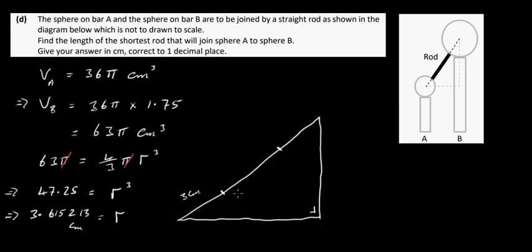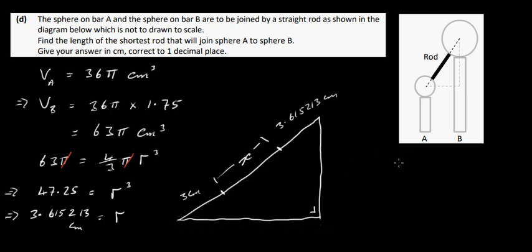We've just worked out that this one here is 3.615213 centimeters from here to here, and this is the distance we want to work out. I'm going to call that x, the distance from here to here. This is our rod length that connects the two spheres. Okay, so the other thing we've got to work out then is the height here and this length here.